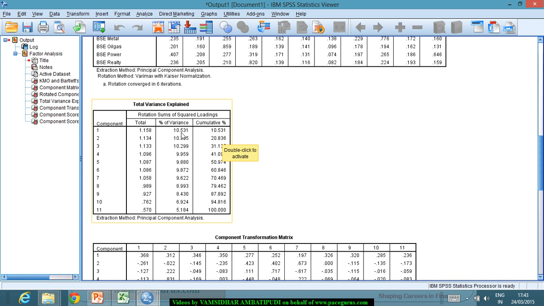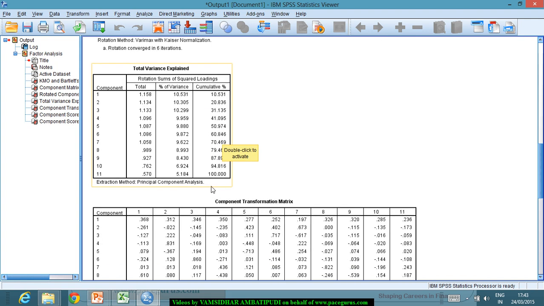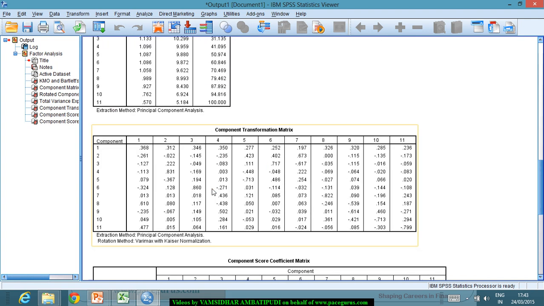And the percentage of the variance that is explained is coming out in this manner. All of them are significantly explaining the variance in the data overall. And the component transformation matrix is actually coming out in this particular manner.